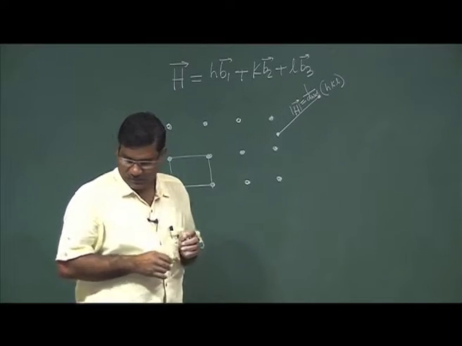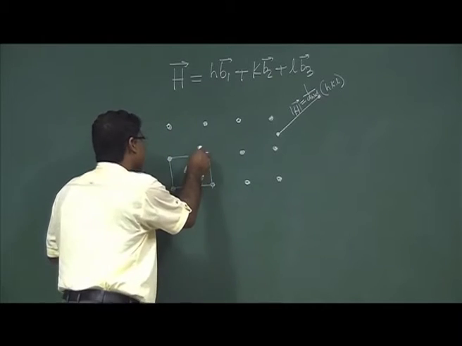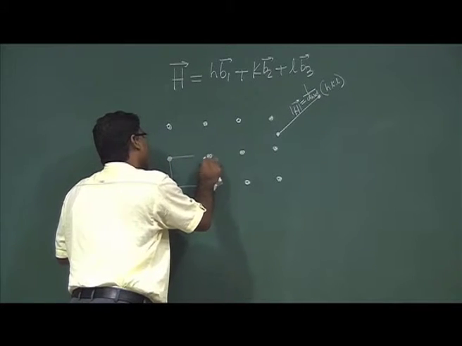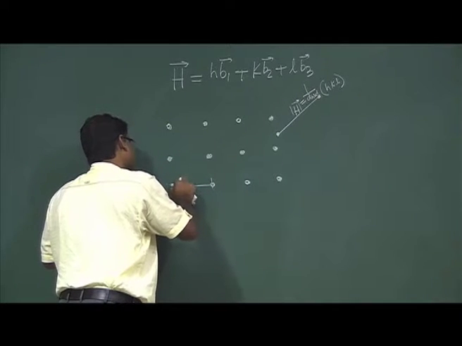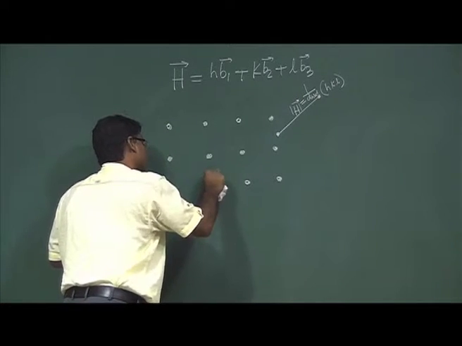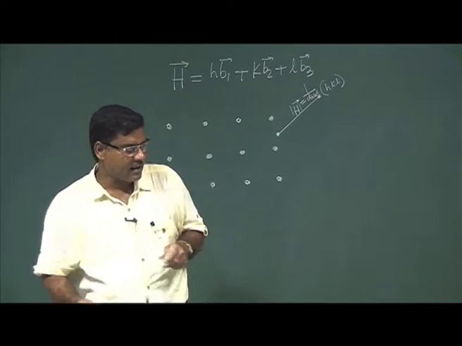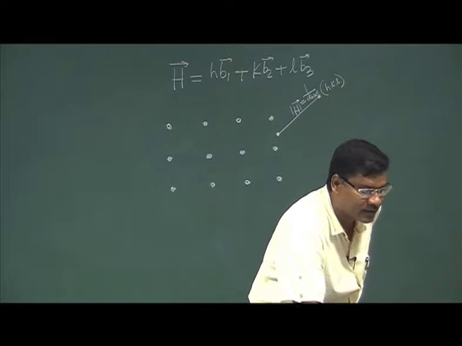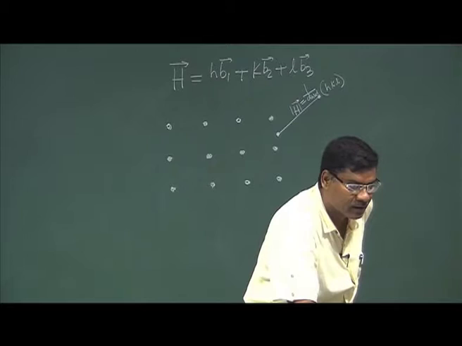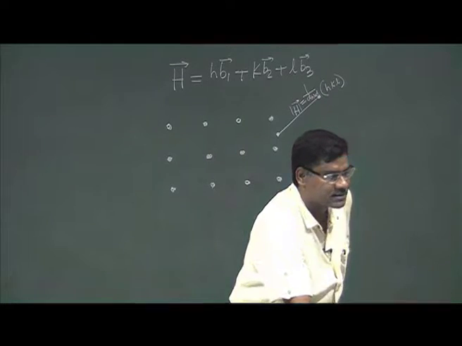So, what is the use of this? There are many, it is very useful. I will just discuss one or two aspects, some simple cases. Here I have shown zone planes and zone axis, right.